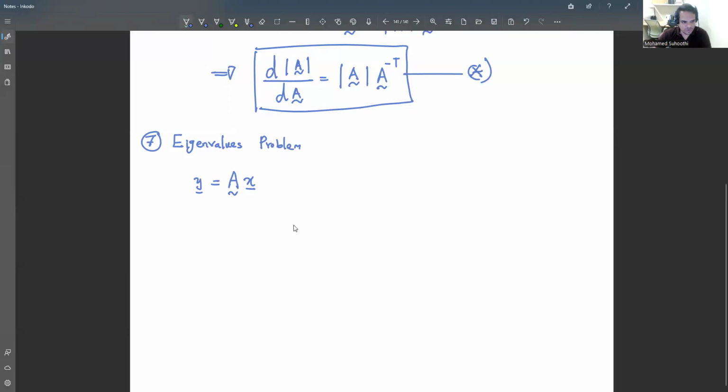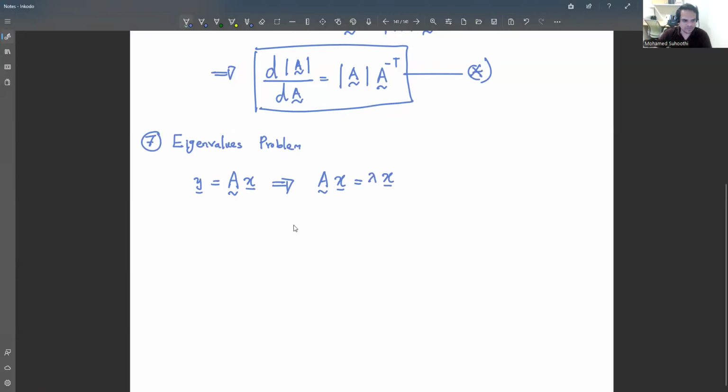Now we will get one special situation: when you multiply a matrix into a vector, you get a vector that is a magnification or shrink of the current vector. That means this vector times one constant.